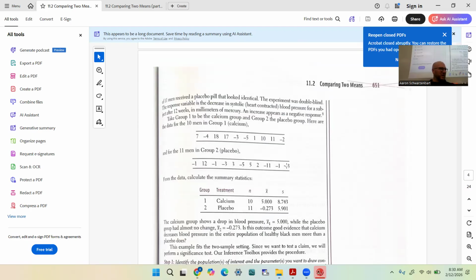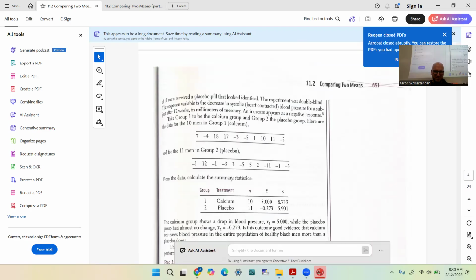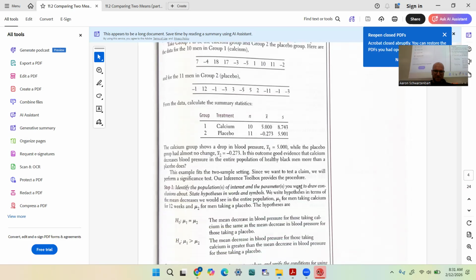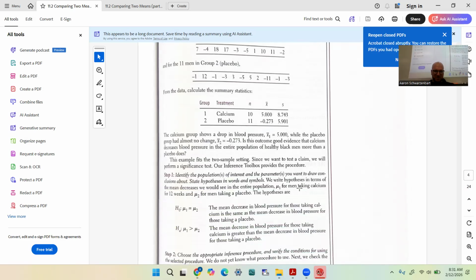This could be just within random variation. I don't know how wide random variation is without running the test. Because in this control group, you see some 12s. I guess you see a negative 11. This one, you've got some negatives. And we're looking for evidence on average.